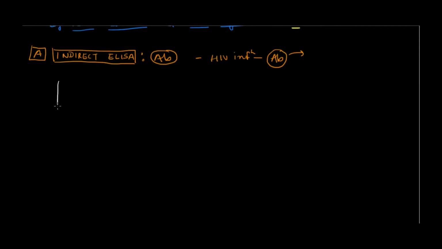So let's take it step by step. Now ELISA, as I said, we perform in 96 well plate. So whatever I'm going to show is a picture of one well, okay, a magnified view of one well. Say for example, we are looking for antibodies against HIV.